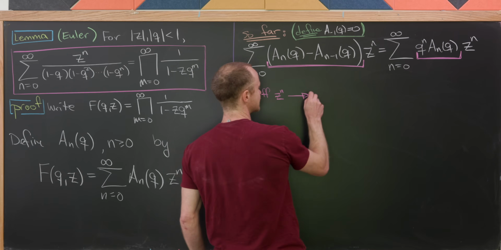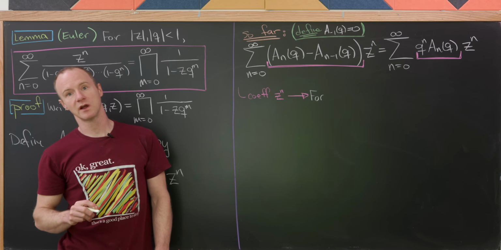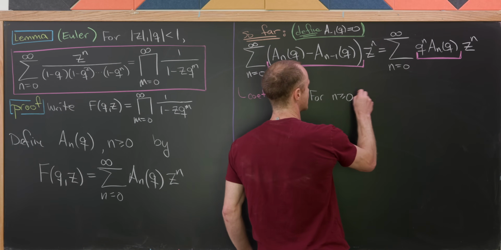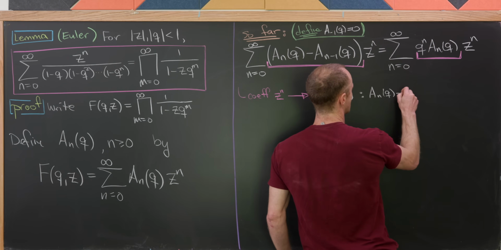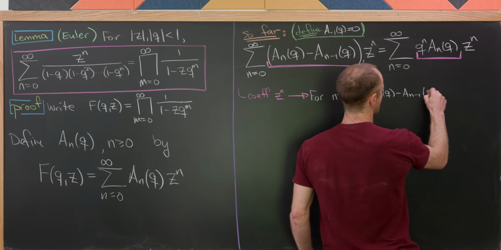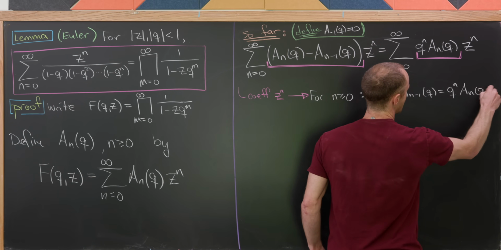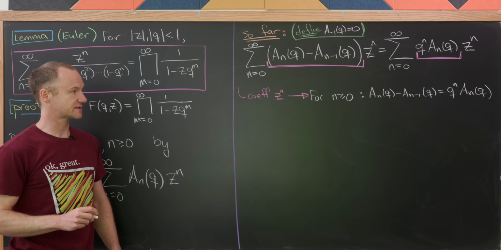And what that'll give us is a new system of equations for this function a_n(q). So for n bigger than or equal to 0, now we have a_n(q) minus a_{n-1}(q) is equal to q^n times a_n(q). I think that's looking pretty nice.